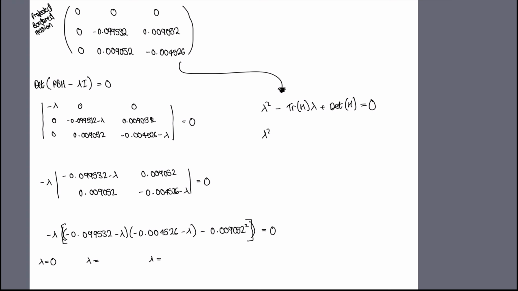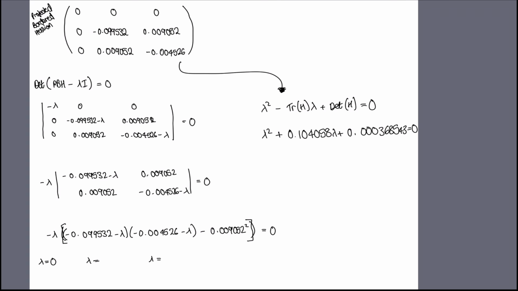So we get lambda squared minus the trace, which is both of these added together, which is negative 0.104058. So that becomes positive now. And the determinant is 0.00368543, equal to 0.